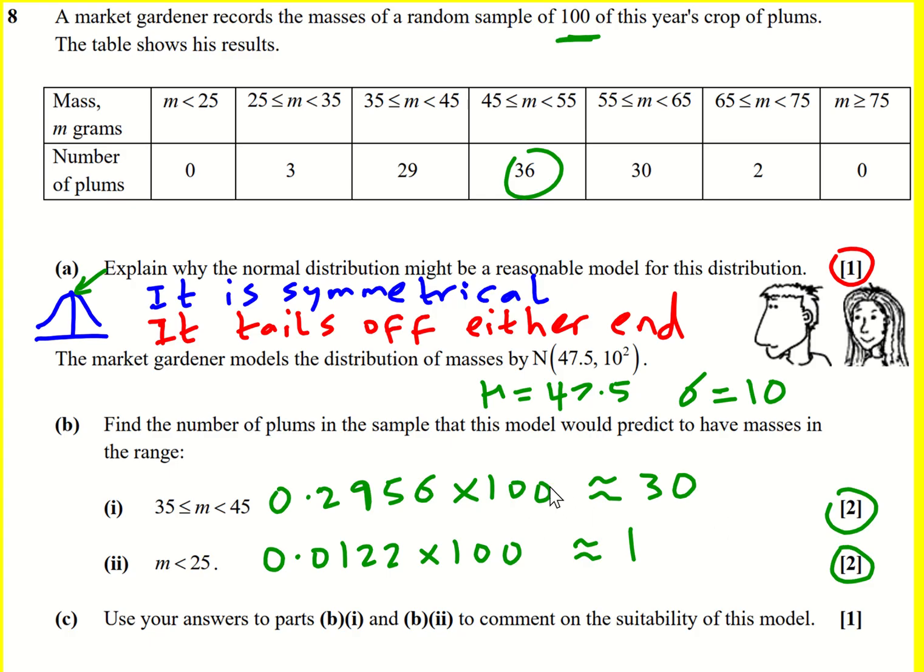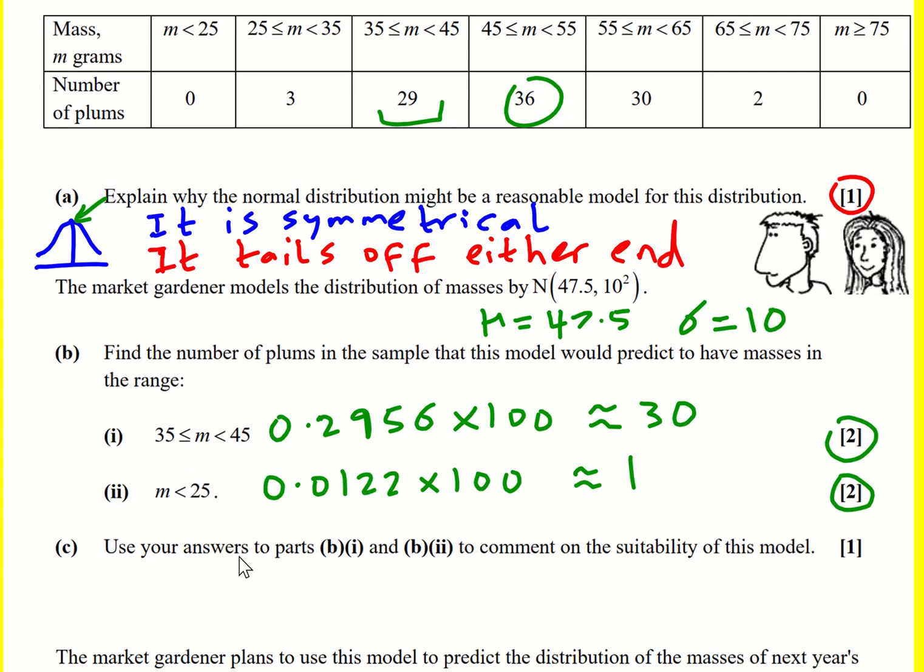So comment on the suitability of this. Well, for 35 to 45, we had 29, and that's very close to 30. And for m less than 25, it was 0, we've got 1.